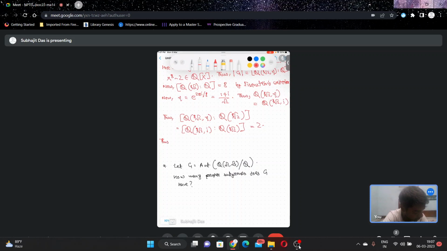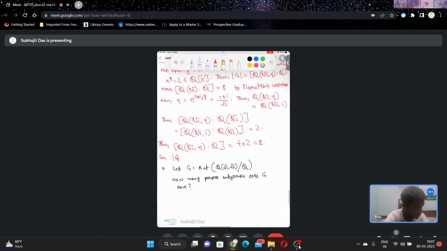Thus by the Tower theorem, the degree of Q adjoined with the 8th root of 2 comma eta over Q is equal to 4 times 2, which is 8. Okay, so the cardinality of the Galois group of this extension, that is the cardinality of G, is exactly equal to 8. So 8 is the correct answer.